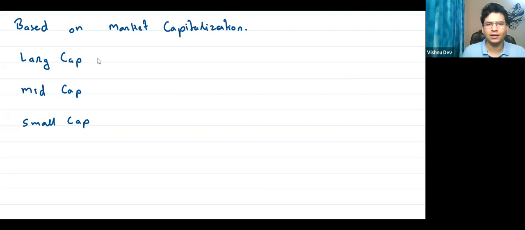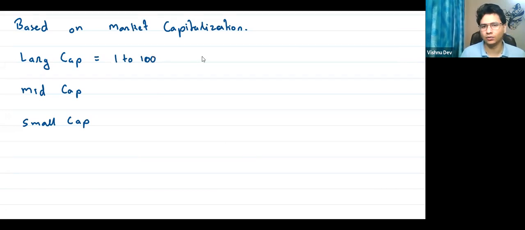Large cap companies are the top 100 companies. I'm talking about India, so it will be companies 1 to 100 in India, and the value of these companies would be more than 20,000 crores.